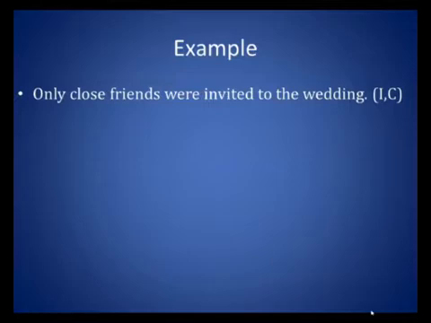Now again, since we always translate universal statements as conditionals, they will always include an antecedent and a consequent. Because this is an exclusive proposition, which is indicated by the term only, we know that we need to flip this around to say, for all X, if X is invited, then X is a close friend.